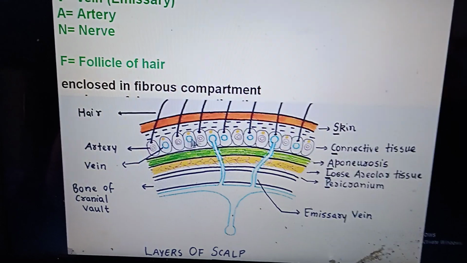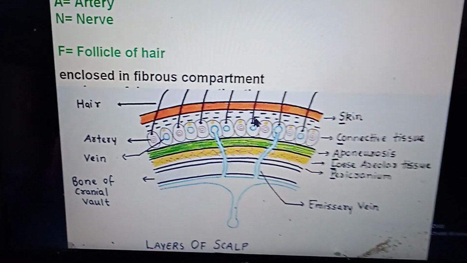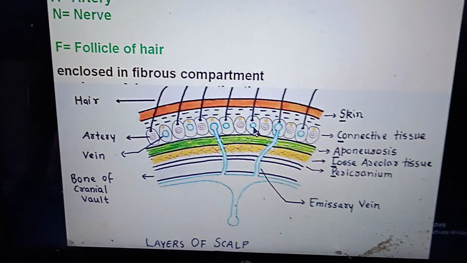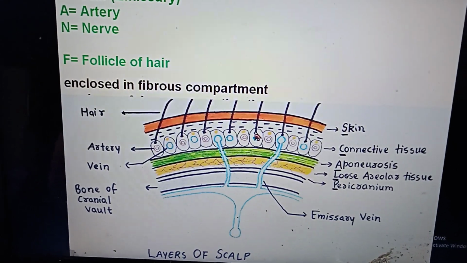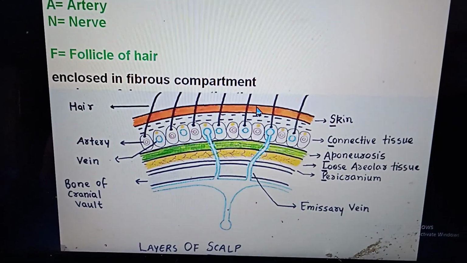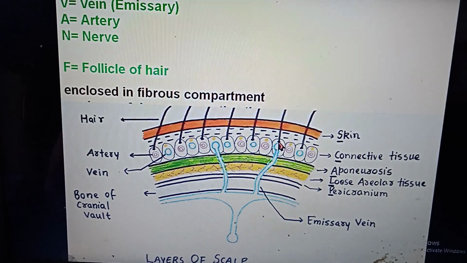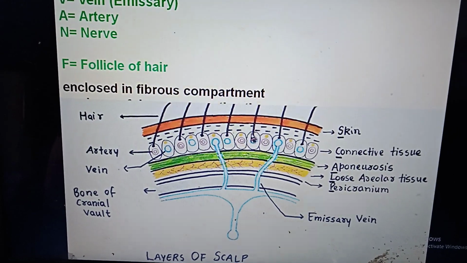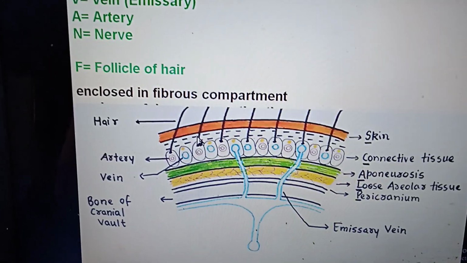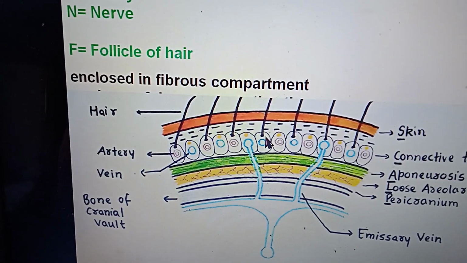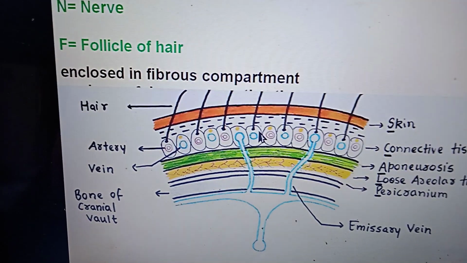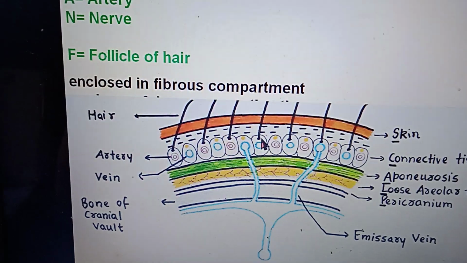All in blue color, these are emissary vein, and also each compartment has got one artery, one nerve and one hair follicle, this one. Skin contains hair but not hair follicle. This layer, that is the second layer, gives a space to the hair follicle in each compartment. This figure is not so appropriate because each compartment contains one vein, one artery, one nerve and one hair follicle.